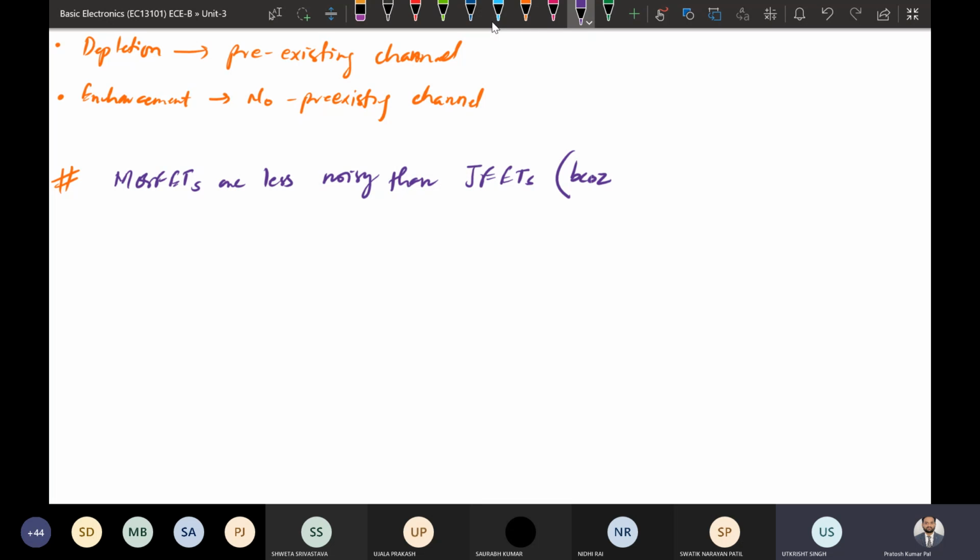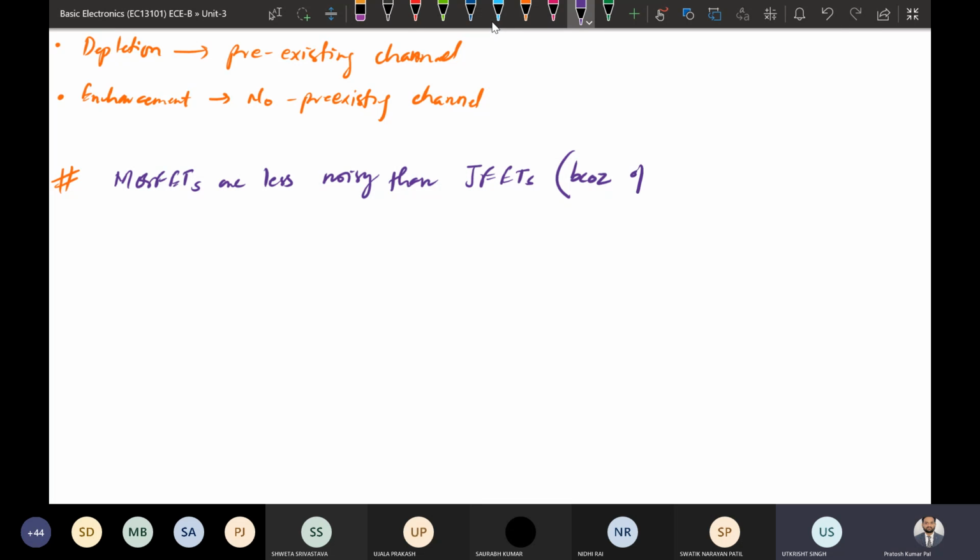MOSFET is a four terminal device, but JFET is a three terminal device. So in JFET there is no body, but in MOSFET we have a body or substrate terminal, and that is made to be connected to ground. So there is less chance of noise in case of MOSFETs.